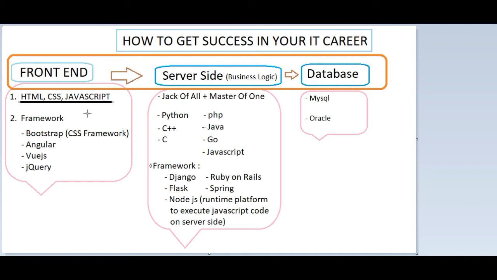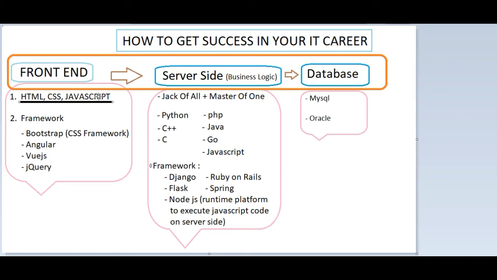HTML is used for structure, deciding what part of the screen what thing should come. CSS is used for styling, and JavaScript is used for responsiveness, to make our website more responsive.